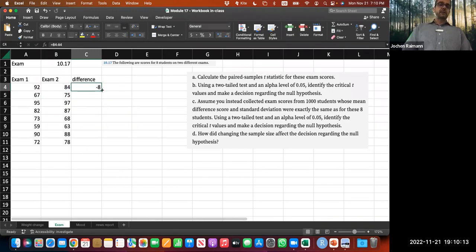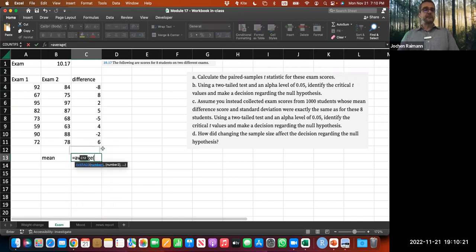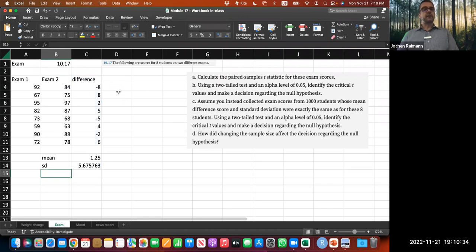Then we can calculate the mean difference, which is easily done, and we get from that also a standard deviation. Based on the standard deviation, we can quickly calculate the SEM. We have here 8 students, so the SEM will be this divided by square root of 8. That gets us to the standard error of the mean.